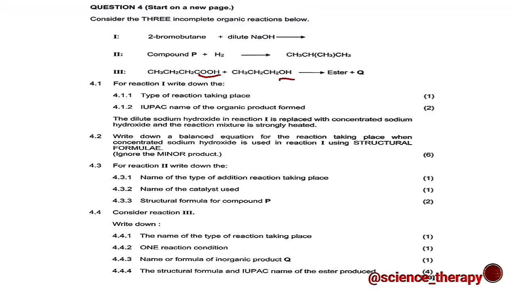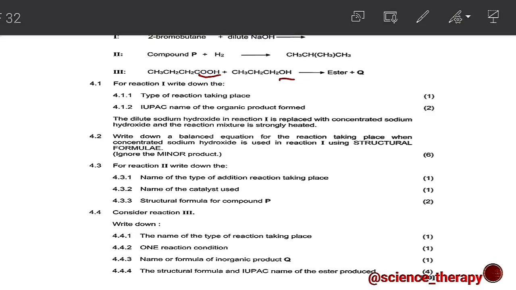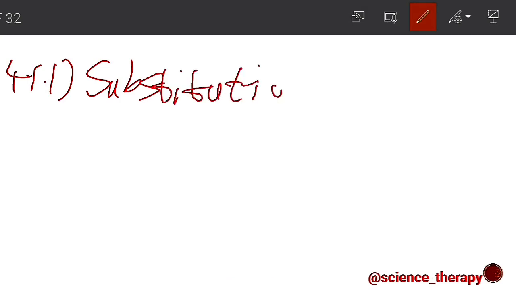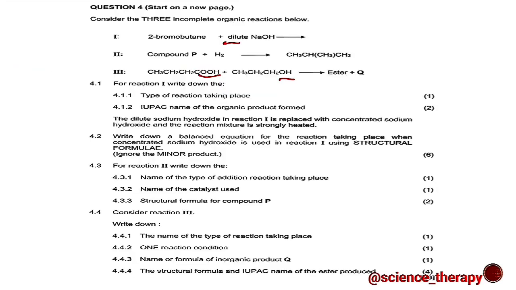Now we know for reaction 1, if we are reacting the haloalkane with dilute, this time the keyword is dilute, sodium hydroxide, then we know this is substitution. So for 4.1.1, the reaction is substitution. Right.